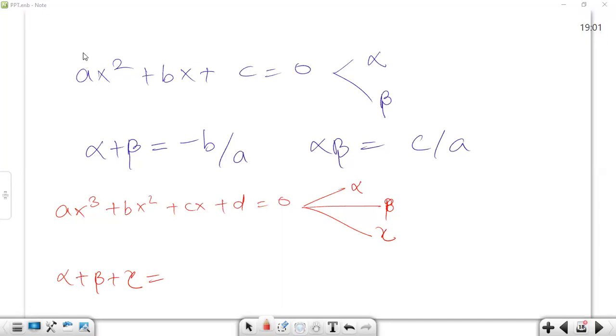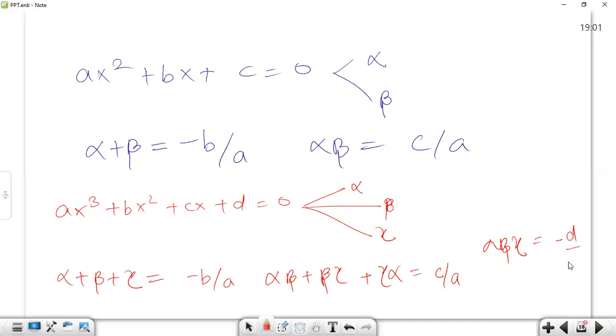Minus b by a. Alpha beta plus beta gamma plus gamma alpha will be c by a. And alpha beta gamma, the product of roots, will be minus of d by a.